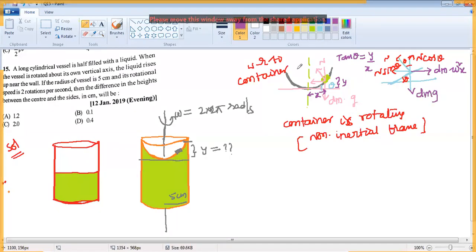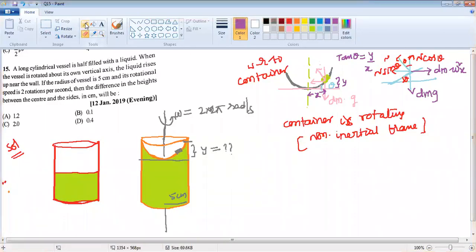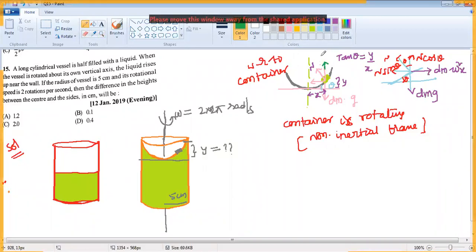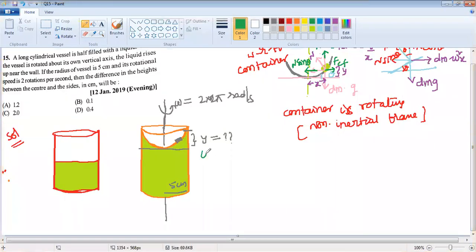Now taking the components here, this is the normal reaction. This component is n cos theta, and this component is n sin theta, and on this side the centrifugal force. So the liquid element is in equilibrium.